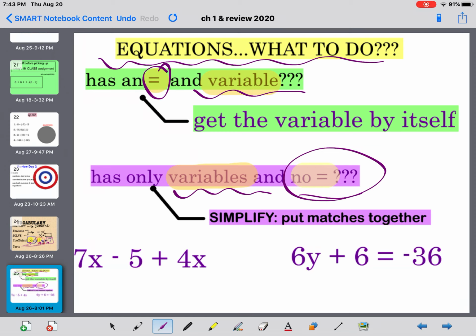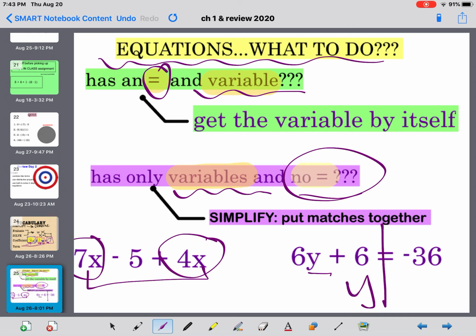So, for example, down here, we have these two that have the same last name. We're going to put those two together. And over here, we're going to have something that has a variable and an equal sign. So this one we should be done when we have y equals. We're not going to simplify these. We're not going to solve this until a little bit later, but just so you know what we're looking for.